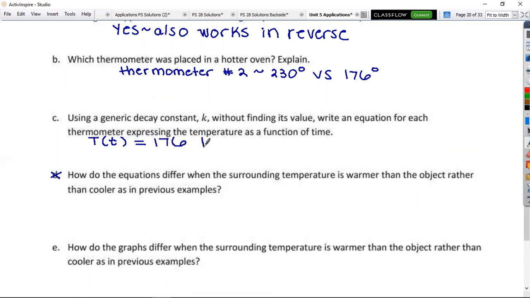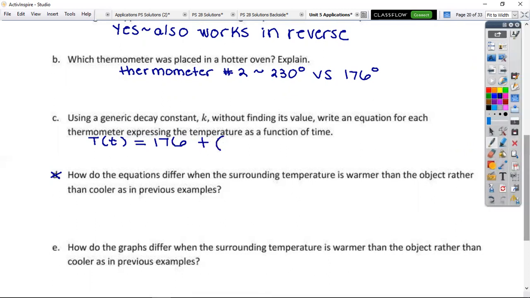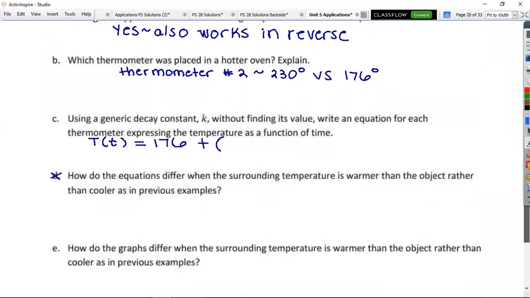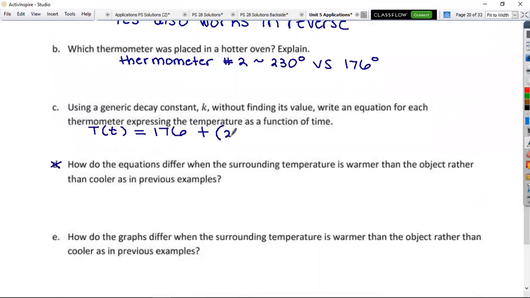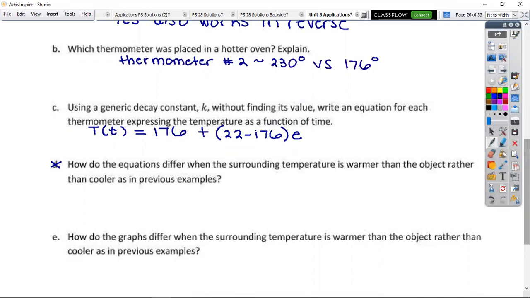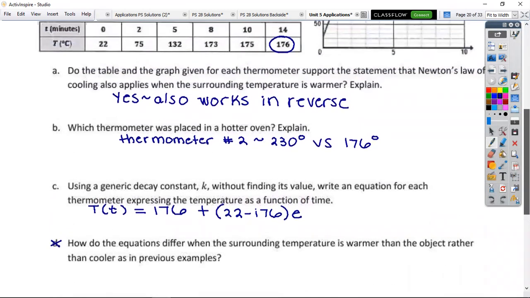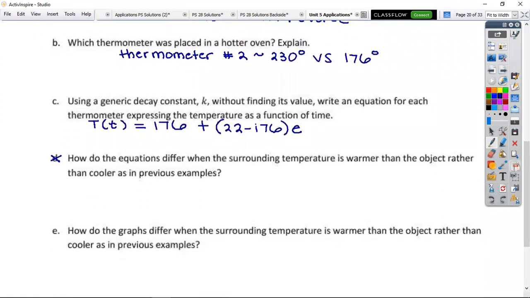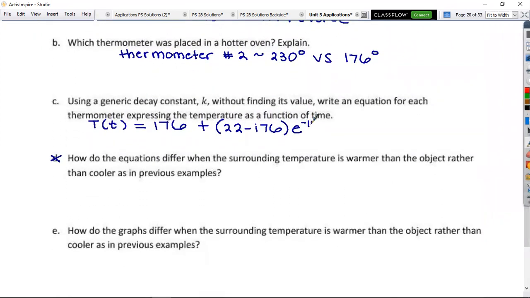And then I'm going to go plus my temperatures here. So I started at 22. And then I'm going to go minus the 176 raised to the e times, we don't know it. So using a generic time value, did we know t though? I think we did. How long did it take to get to 176? 14, yep. So I'm going to do negative 14 and then k.